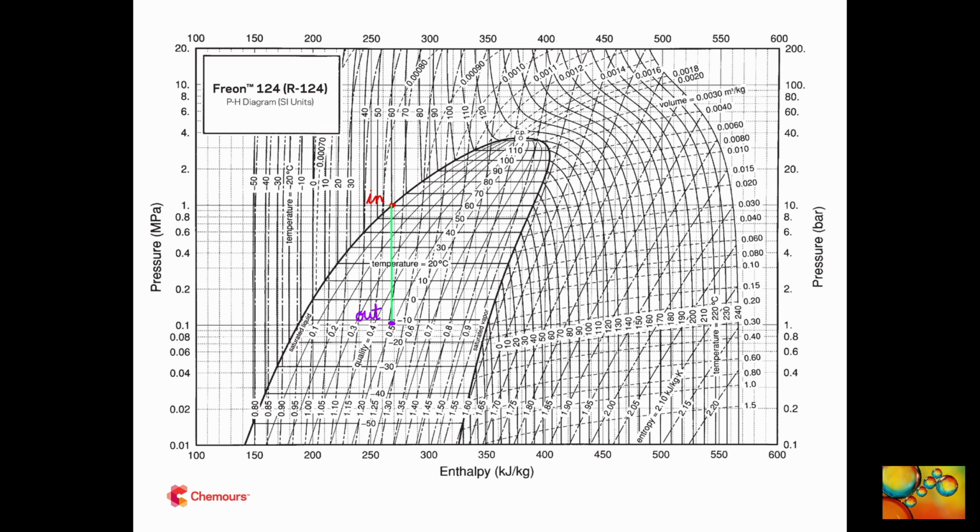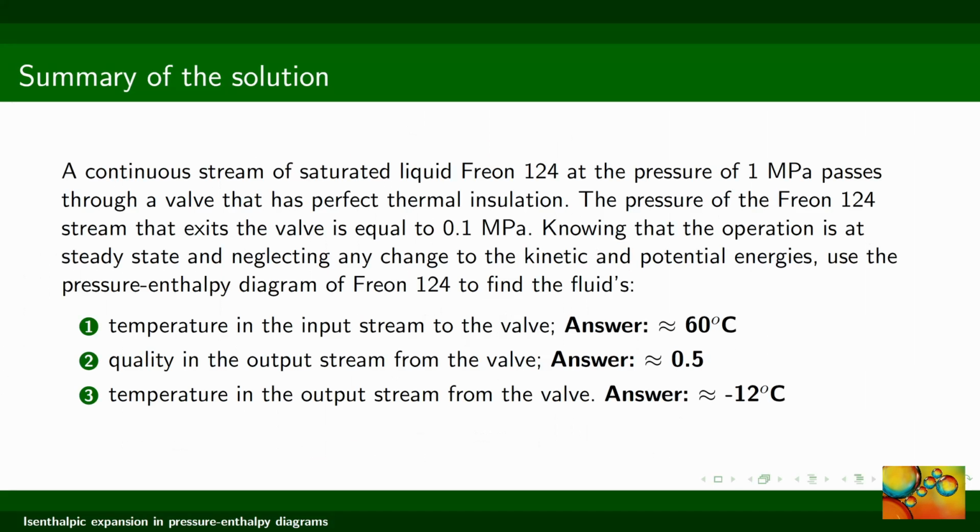For the input stream, we see that the temperature is 60 degrees Celsius. For the output stream, the quality is 0.5, and the temperature is slightly below minus 10 degrees Celsius, roughly minus 12 degrees Celsius. In summary, we find that the temperature in the input stream is about 60 degrees Celsius.